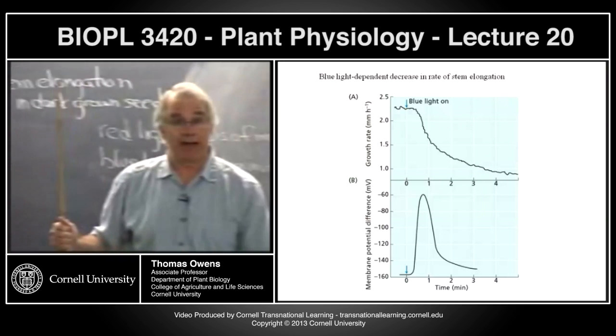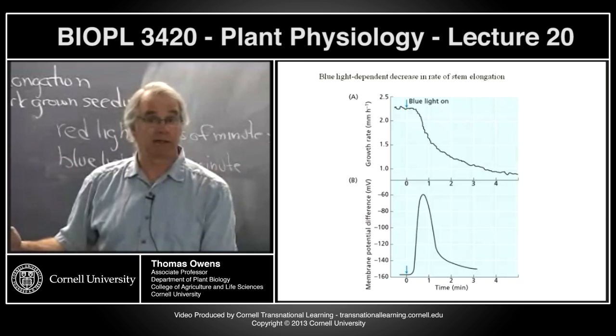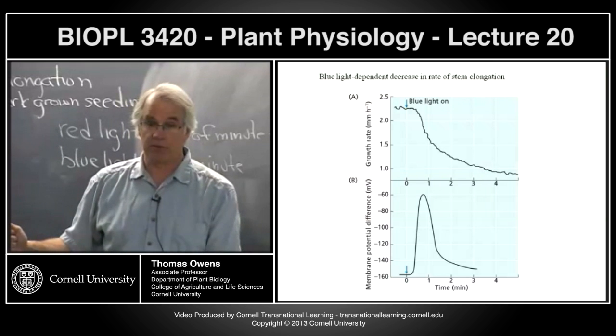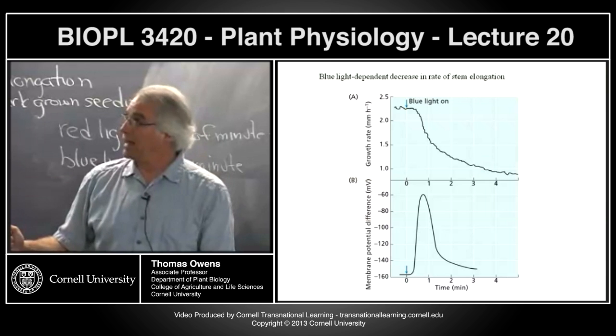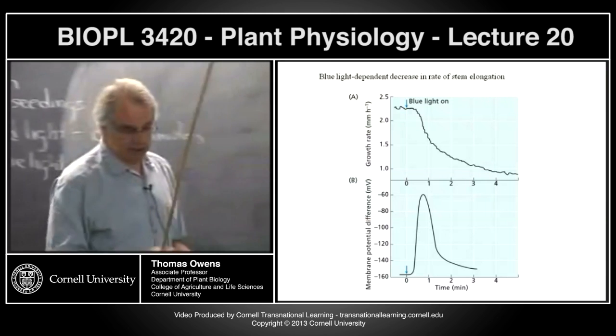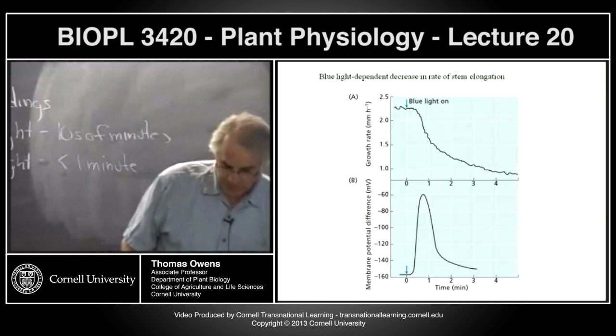The change in the ion concentration, for example, if it was calcium. Calcium is a common component of many signal transduction pathways. So it could be calcium flux that then triggers something to do with the decrease in the rate of stem elongation.